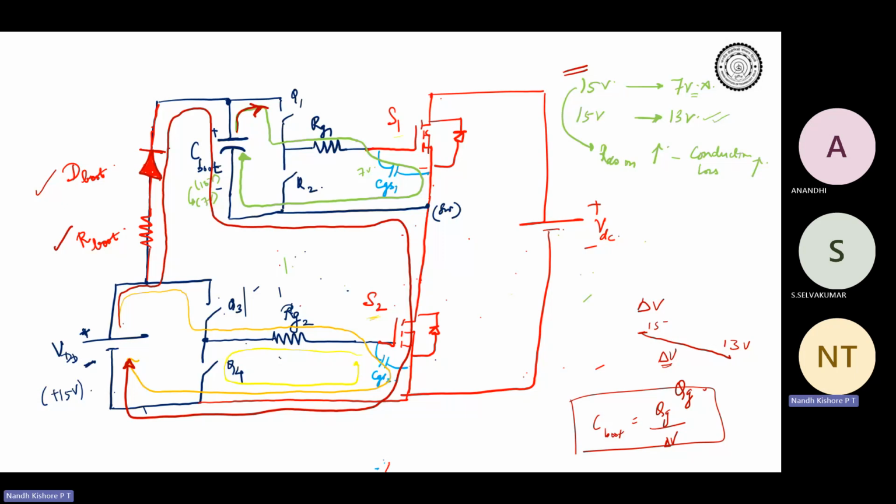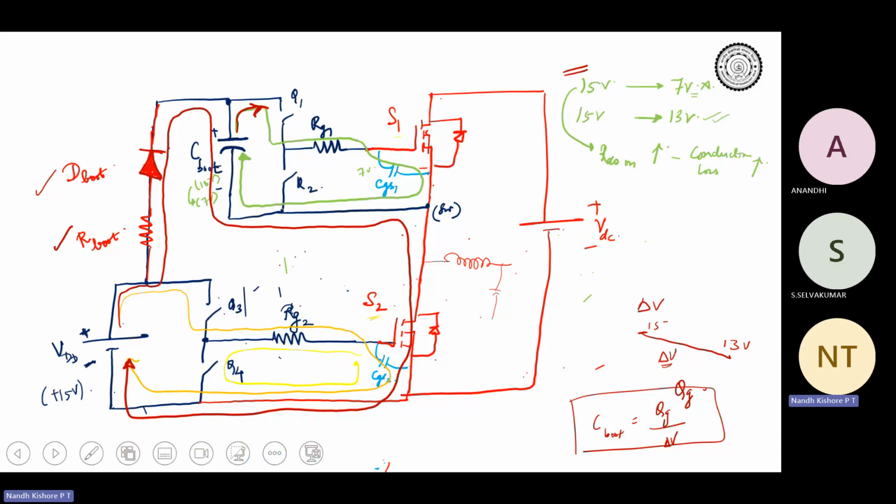What happens to these bootstrap elements, or are you asking in general? I'm asking if the device fails, for example S1. If S1 fails, there are only two options, right? Mostly it will be short, right? S1 is gone, so that means there is a direct path from VDC.